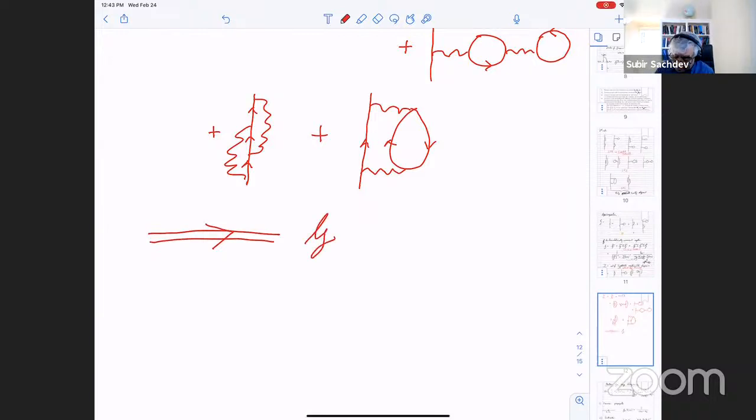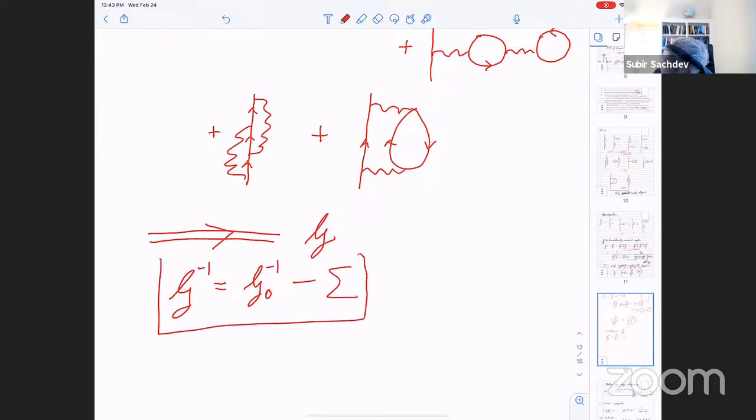Okay. So now the full Green's function, by the previous graph, is equal to G0 inverse. Sorry, G inverse is G0 inverse minus sigma. That's Dyson's equation. That's just the sum of the geometric series.